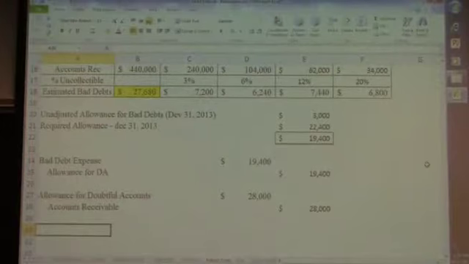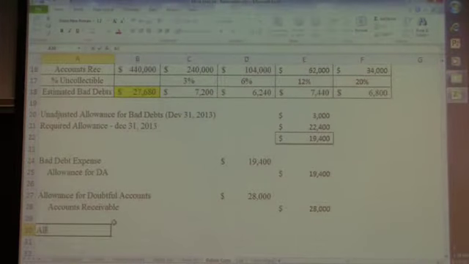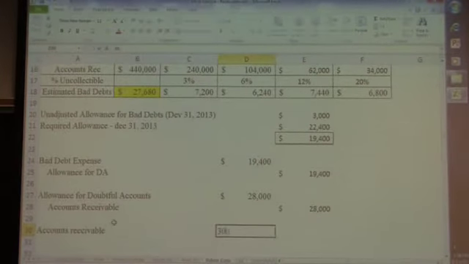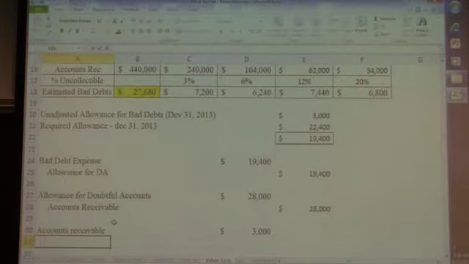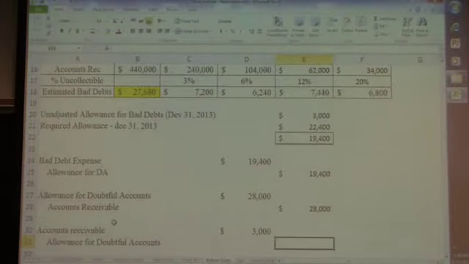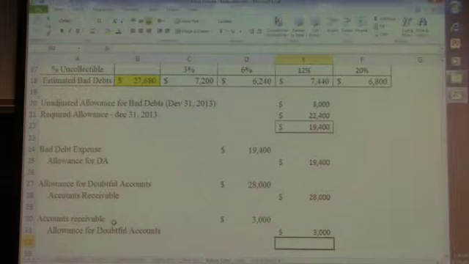And then the recovery, they have got $3,000 worth of recovery. So what you have to do is reverse the entry you have written off earlier. So you would debit the accounts receivable of $3,000, and you would credit the allowance for doubtful accounts for $3,000.